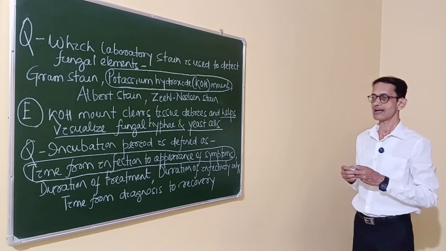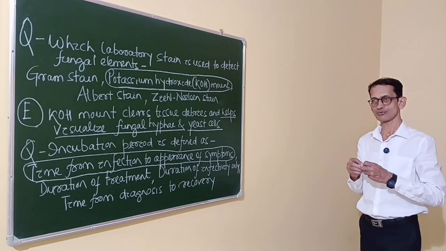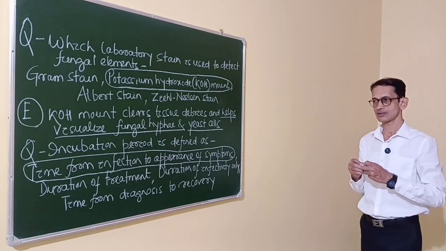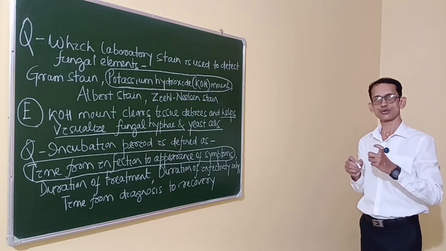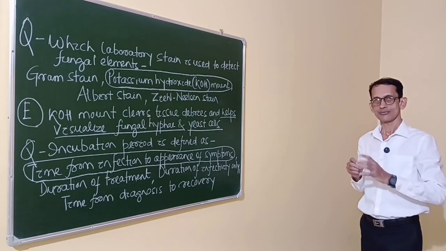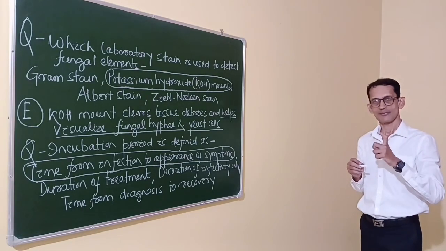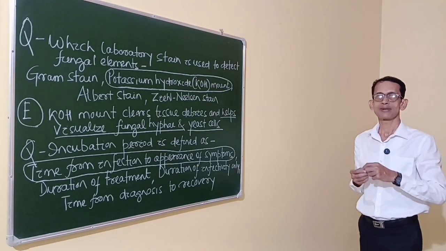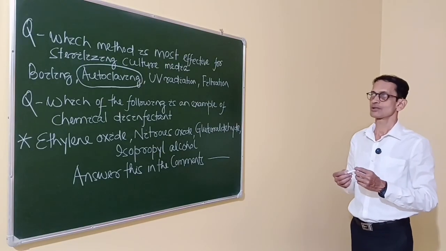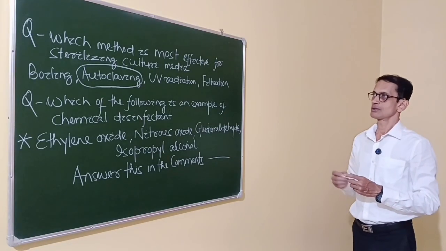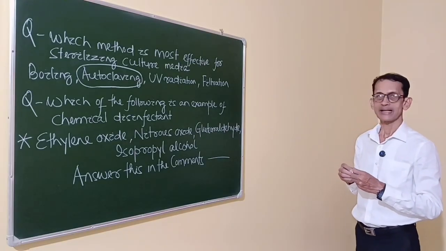Next question. Incubation period is defined as: time from infection to appearance of symptoms, duration of treatment, duration of infectivity only, time from diagnosis to recovery. So the answer is the first one: time from infection to appearance of symptoms. Guys, the next question, which method is most effective for sterilizing culture media?